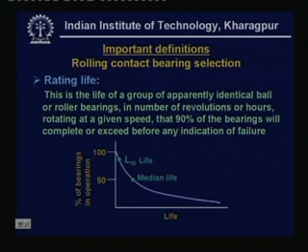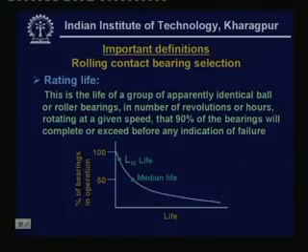Well, before starting this one, what I would like to say is that just now we have seen the types of bearings. What are those? The ball bearings and roller bearings, and these roller bearings are having higher load capacity compared to what we are having in the ball bearing, and various kinds of bearings have already been shown to you.